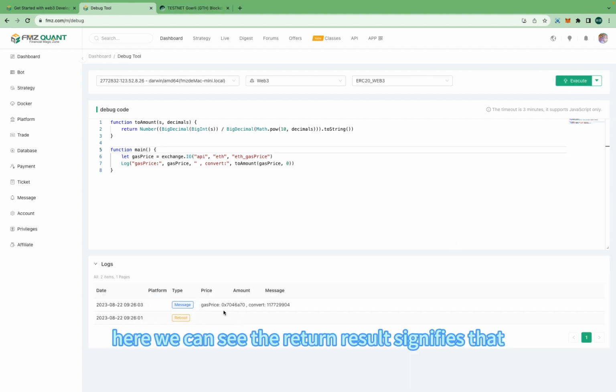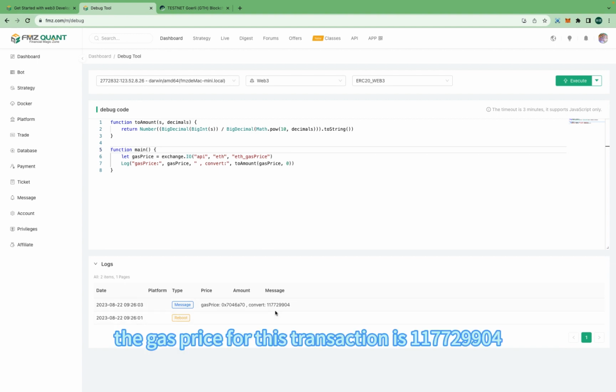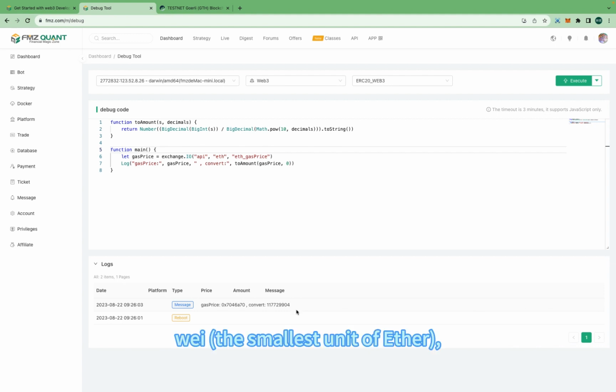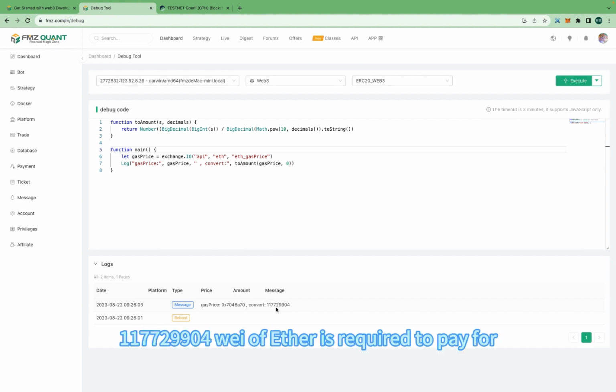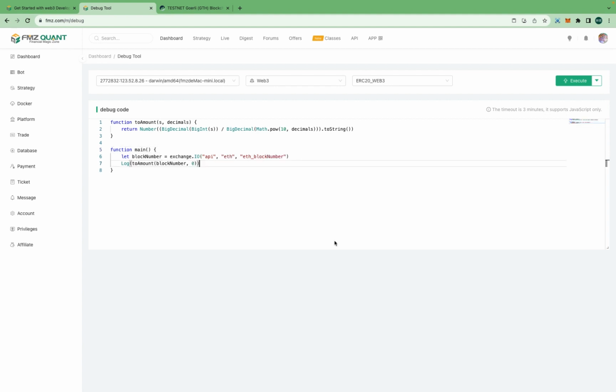Here we can see the return result signifies that the gas price for this transaction is 1177299904, with the smallest unit of ether, which means that 1177299904 wei of ether is required to pay for each unit of gas.